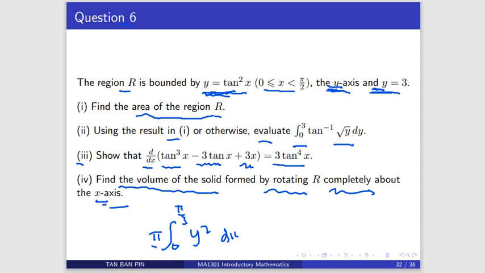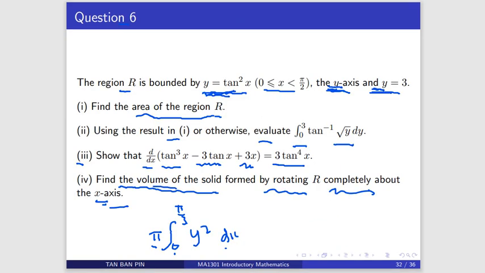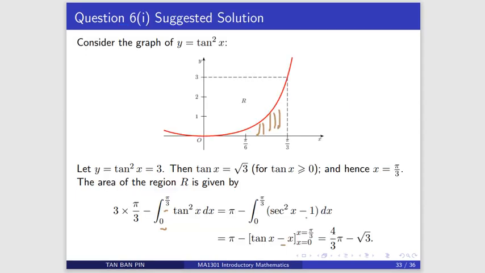If you find pi times the integral from 0 to pi over 3 of y squared dx, you are actually taking this region and rotating about the x-axis. But the question asks for the volume of the solid formed by rotating R completely about the x-axis, which is actually this region. So that's why you have to consider the rectangle rotated about the x-axis minus the area under the tan squared graph rotated about the x-axis.